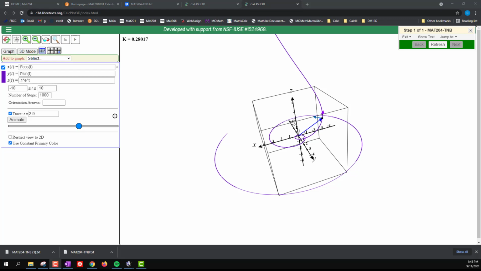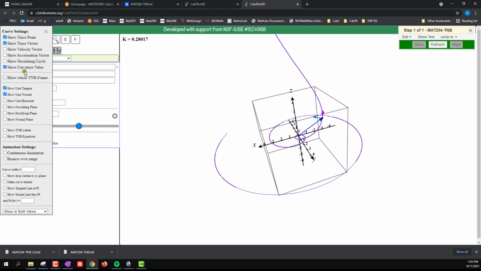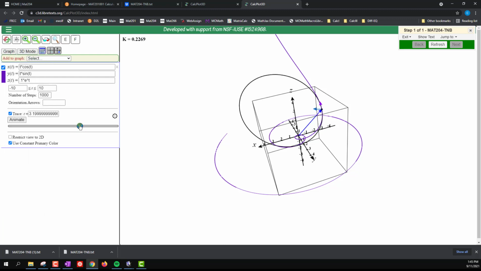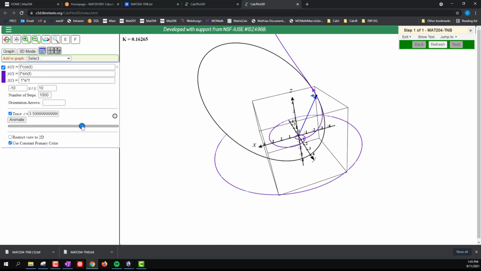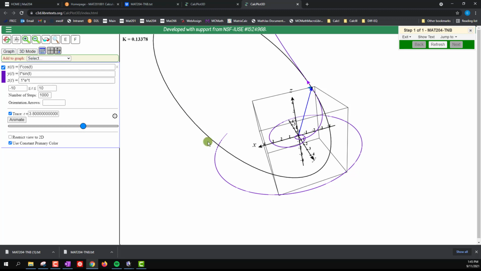Folks, I do think it takes some time to understand the principal unit normal vector. I'm not asking you to master this right now. So instead, let me give you a great visualization for what the principal unit normal vector is doing. If we come back here to our settings, we can go ahead and turn on the oscillating circle. And what I want you to notice about this is that something I said before is that the size of the oscillating circle, which is dictated by its radius, is always inversely proportional to the curvature.